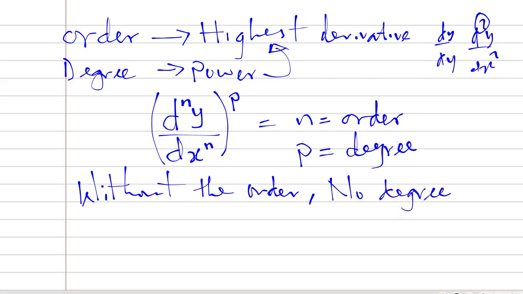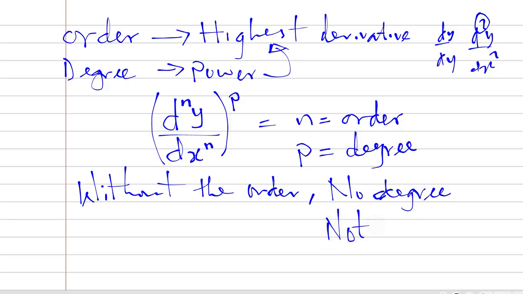Another thing is that the degree is only defined when the differential equation is in polynomial form. If it is not in polynomial form, the degree will not be defined.